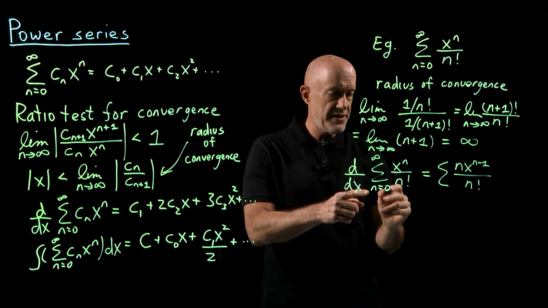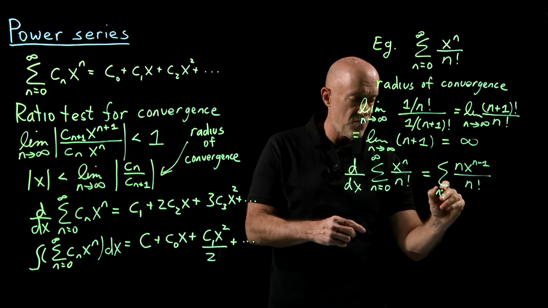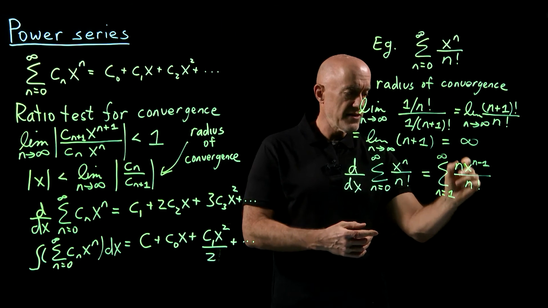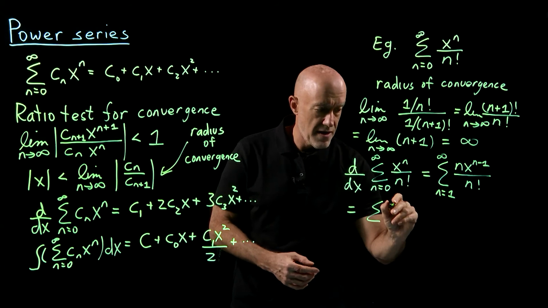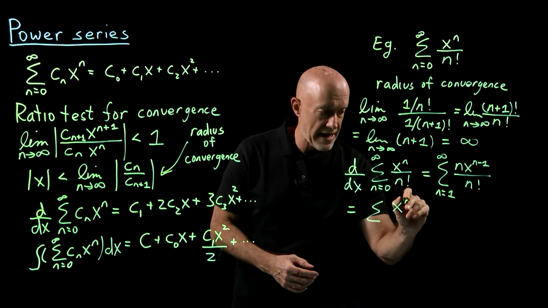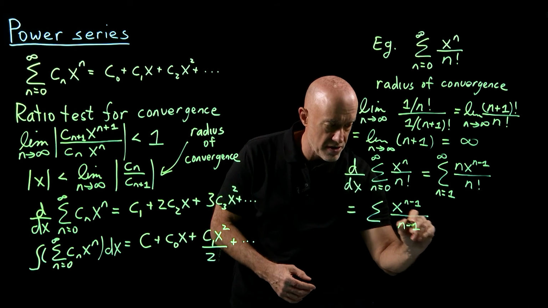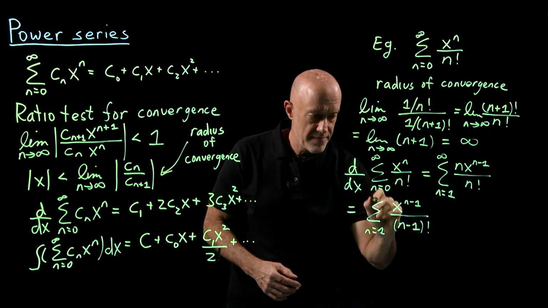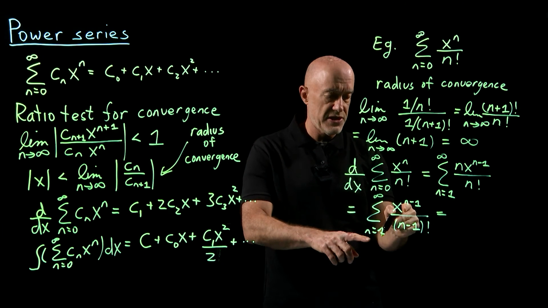What is the index here? So the 0 term goes to 0. So what we have left is 1 to infinity. We can cancel one of the n's. So that becomes the sum of x to the n minus 1 over n minus 1 factorial, and that's from n equals 1 to infinity. And then finally, at n equals 1, this is just x to the 0 over 0 factorial.